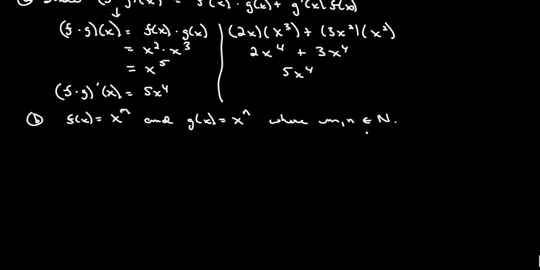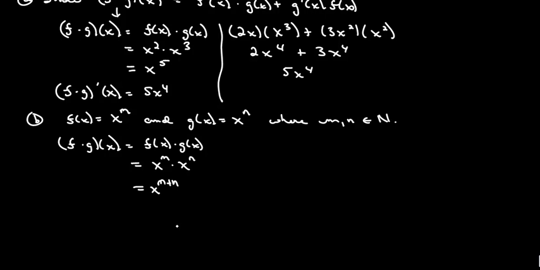Now the reason that we put this last part in here is because we haven't discussed powers that aren't natural numbers. So if we assume that, well, first f times g of x would be equal to f of x times g of x, which is going to give me x to the m times x to the n, which is x to the m plus n.